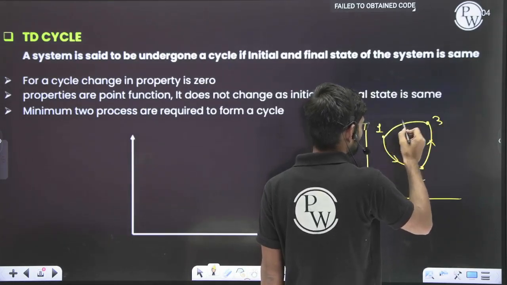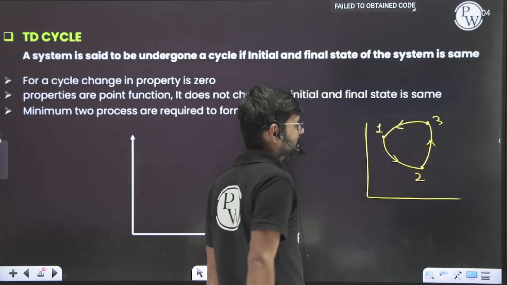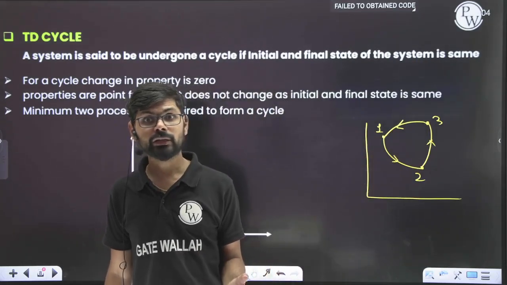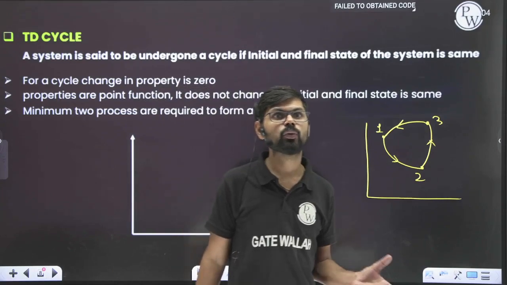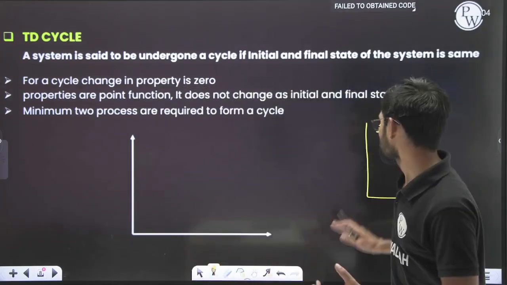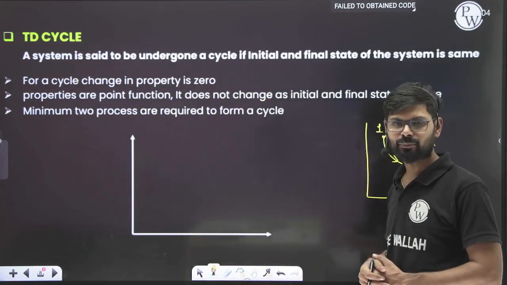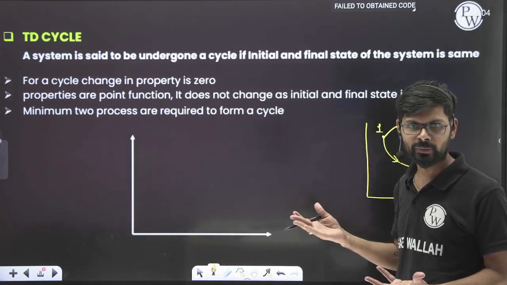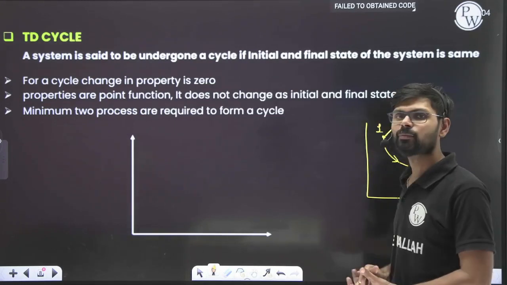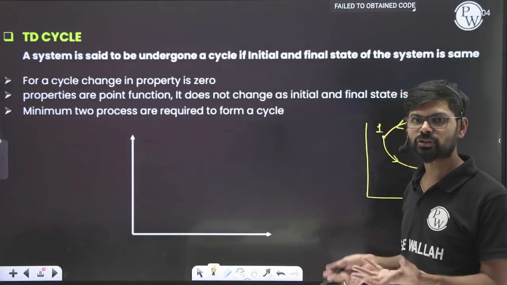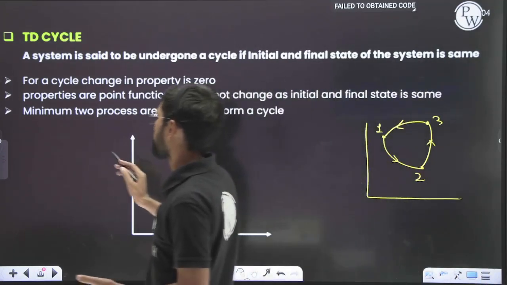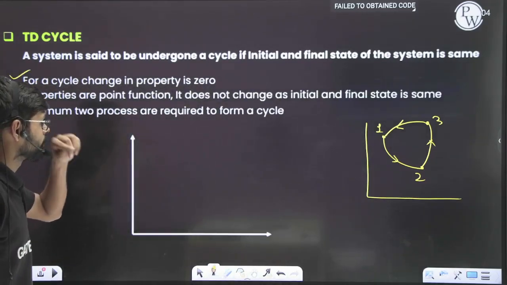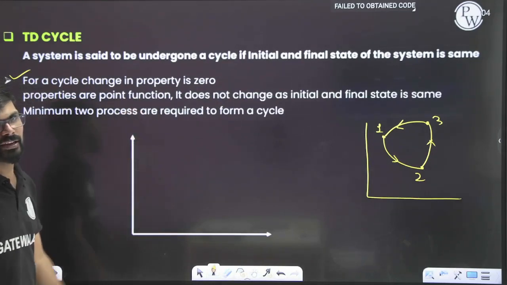This is a cycle, because the initial and final points are the same, and we know that properties depend only on the state, not on the path or previous history. So as the initial and final points are the same, the property is also the same. The change of a property for a cycle is 0.